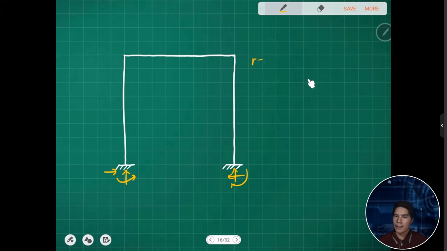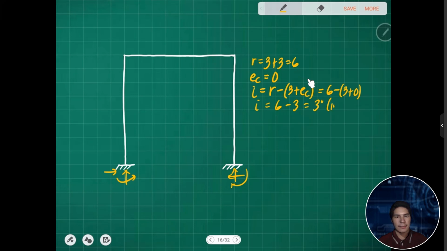We have 3 plus 3, so a total of 6 reactions. We have no internal hinge here, so we have 0. And then our I is r minus 3 plus EC. So we have 6 minus 3 plus 0. So I is 6 minus 3, so we have 3 degrees indeterminate.